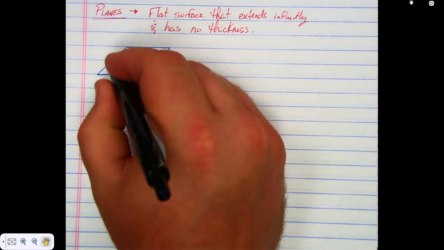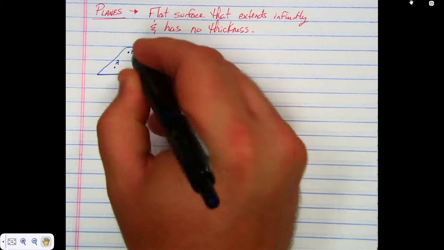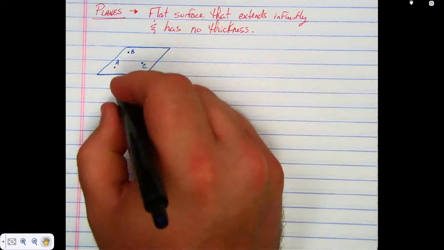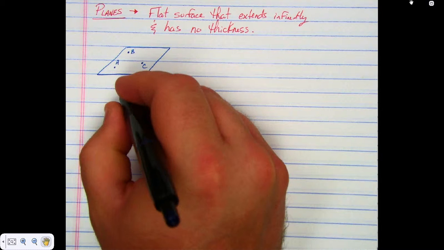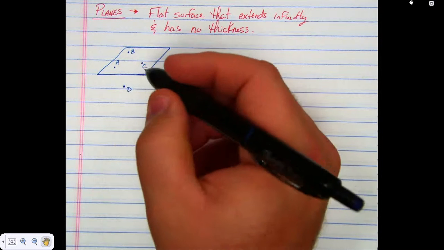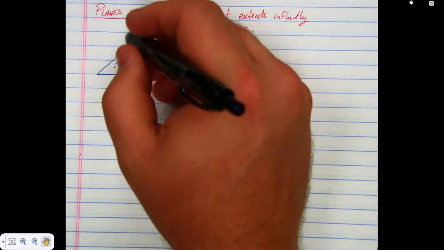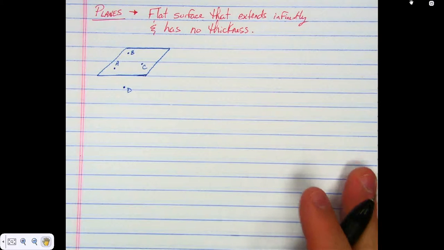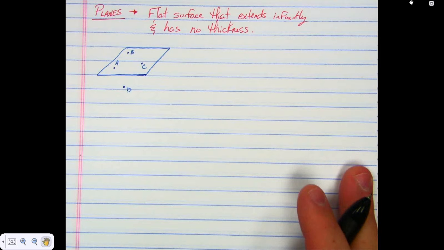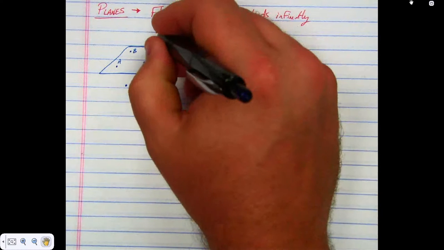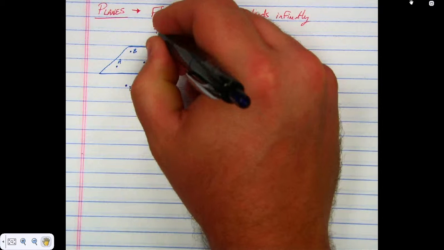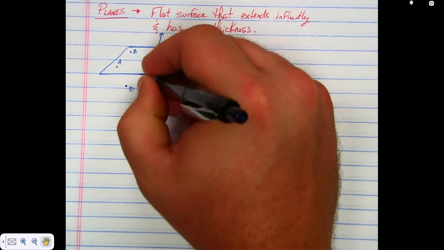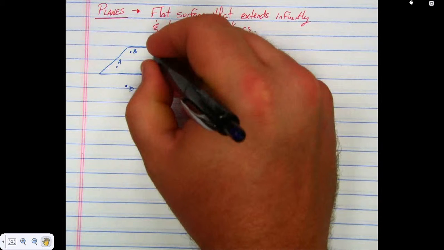This is how you'll see it labeled. And this is how you sometimes draw it in 3 dimensions, showing 3 dimensions without actually having it.